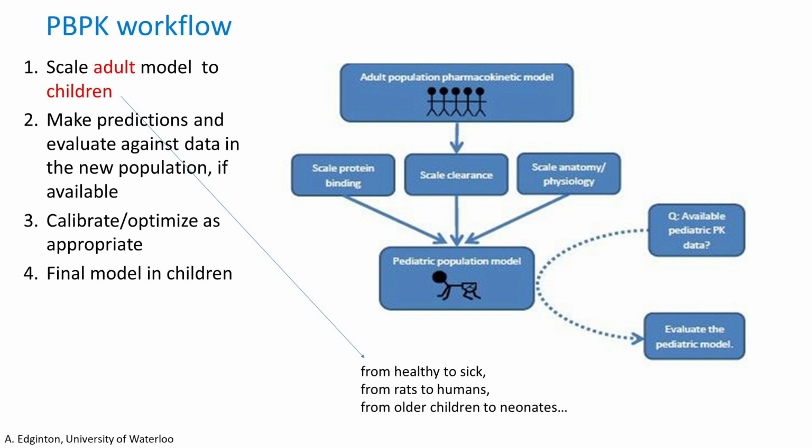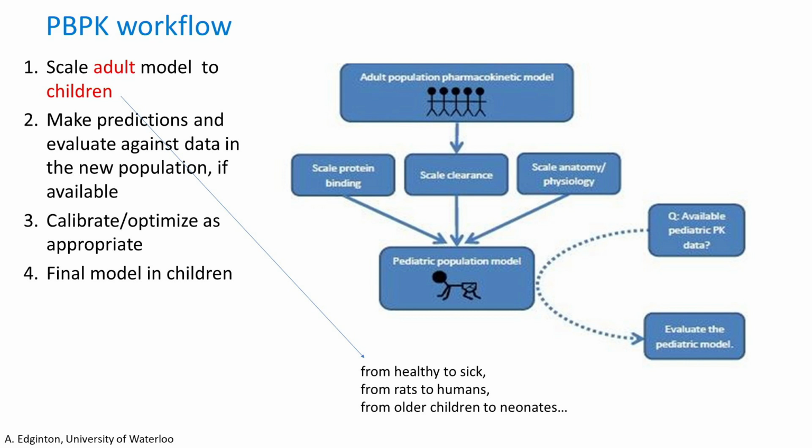So when you scale this adult model to children, or from your test or your reference population to your test population, if you have data, then you can evaluate your predictions against it. If you don't, then that would be a situation where you just put a lot of uncertainty around your predictions. But in a lot of cases, a lot of these scaling parameters are well understood.